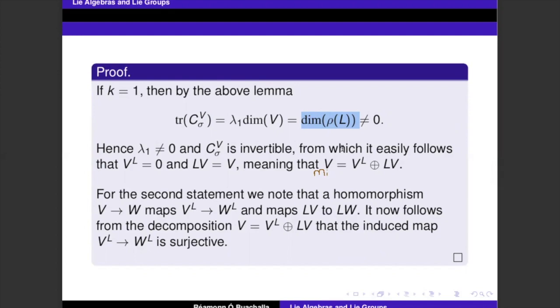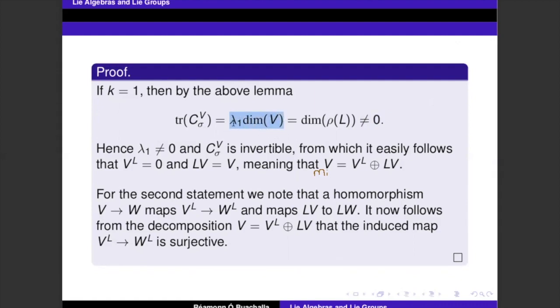So this is true, and of course it's non-zero because by assumption the representation was not zero. Therefore, some of the simple summands in L will have to not be killed. So this is non-zero, but we see that the trace is actually equal to this.